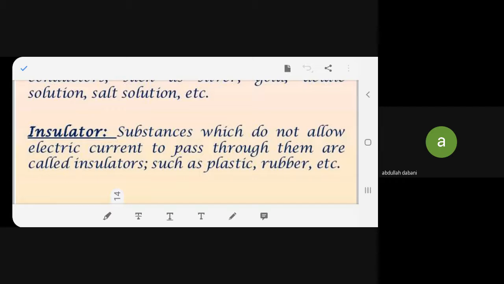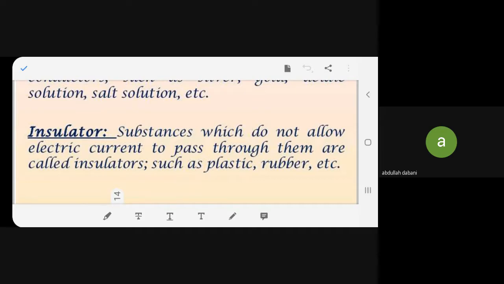We use bathroom slippers, because if we are barefoot, we may get current. We may be electrocuted. So the rubber is an insulator, so we are safe from electric current. Then we can use plastic also. So these are the substances which are termed insulators.